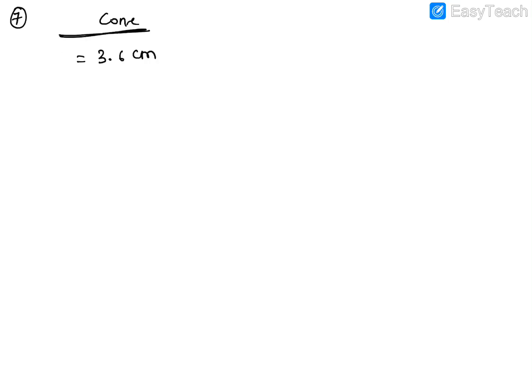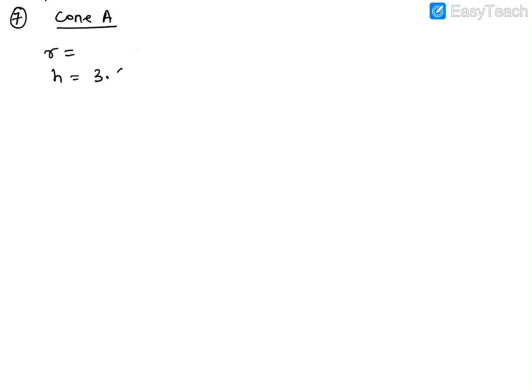I'll just start the problem once again. Okay, let's start. So there's a right circular cone. It is 3.6 centimeter in height. So let's say this is your cone A. So radius and height.